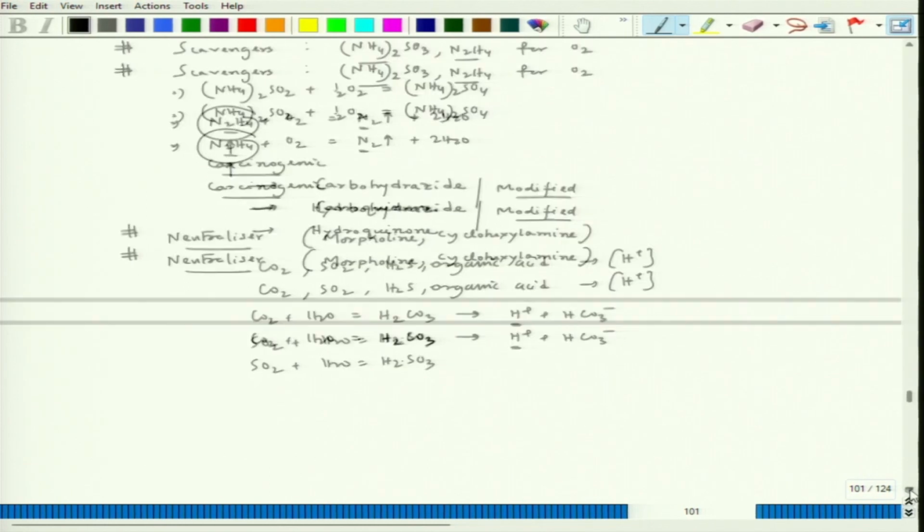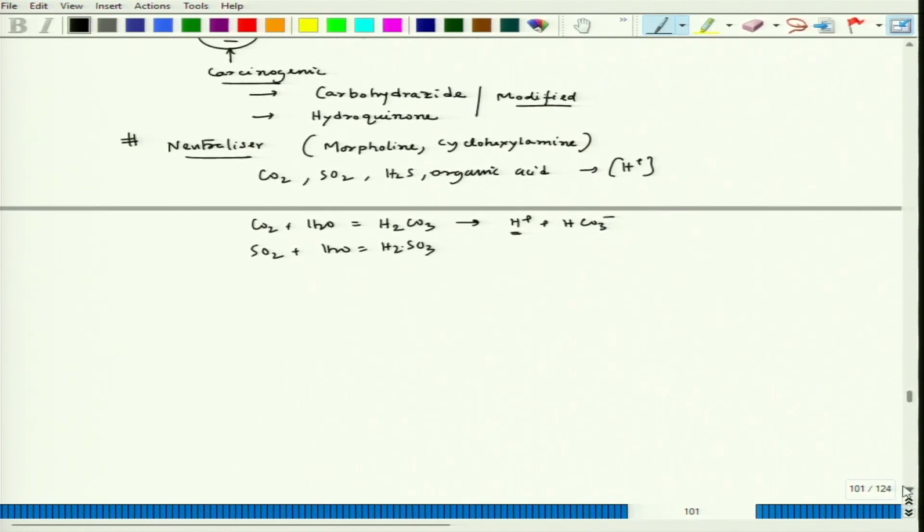Finally, let us look at how to calculate the dose of inhibitor. Now, the basic formula looks like this. So, if you want to find out W in terms of kg of inhibitor, so let us say one such inhibitor is sodium chromate.